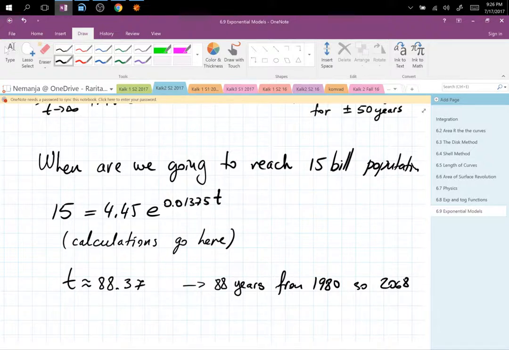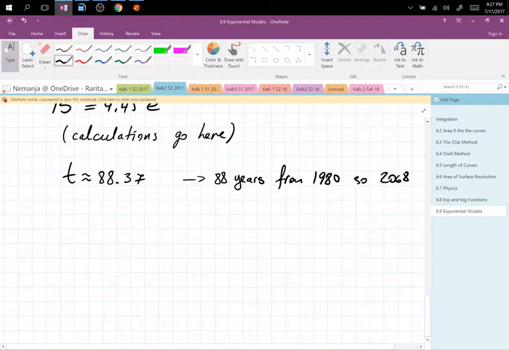I can find how fast the population is changing, how many people we add in 1 year by simply finding the derivative of our model and then just putting in, I don't know, 40. That means in 2020, how many people will be added in 2020? It will show the change of population for 2020.